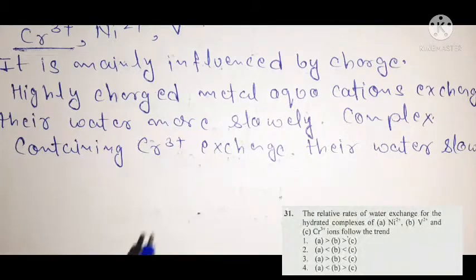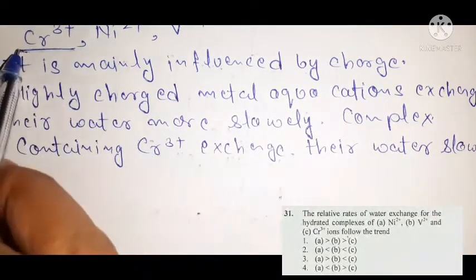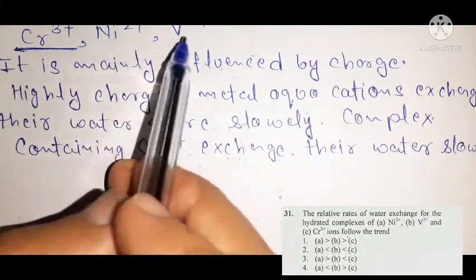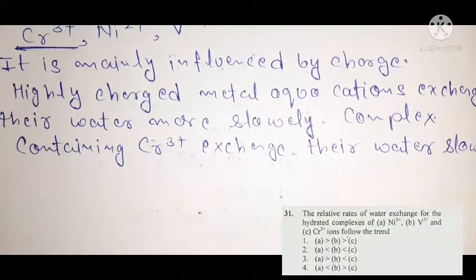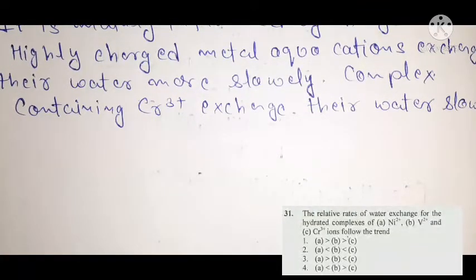So first of all we conclude that the least rate is for chromium 3 plus. Now between nickel 2 plus and vanadium 2 plus, because they both have the same oxidation state, same charge, we calculate their respective CFSE, and after the calculation we decide which ion shows the higher water exchange reaction rate.